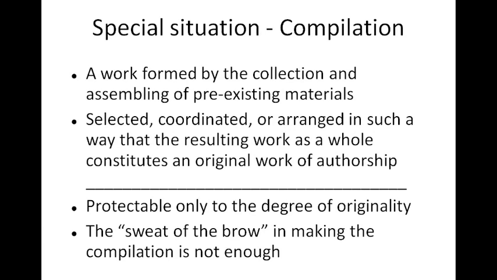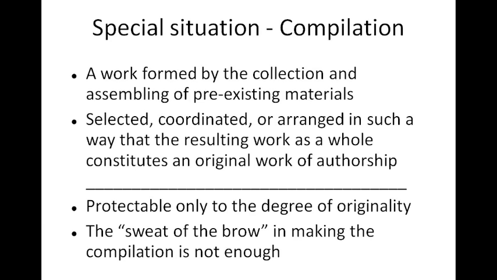Now, there are certainly some special circumstances that come up, especially for publishers, and that is a compilation. That is a work formed by the collection and assembling of pre-existing materials. In order for a compilation to be protected, that work must be selected, coordinated, or arranged in such a way that the resulting work as a whole constitutes an original work of authorship.